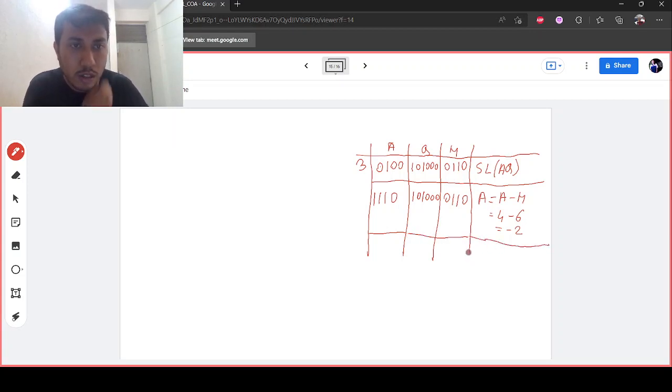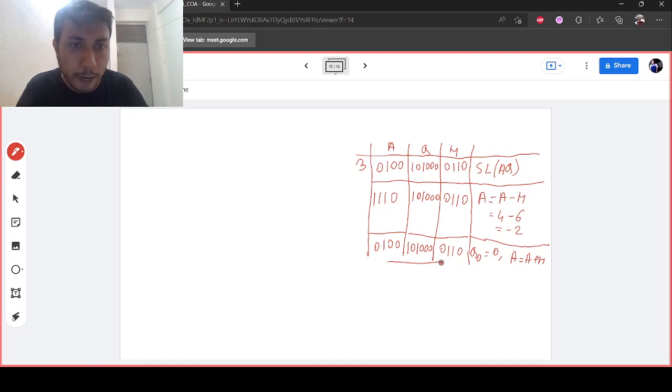Now again, what is Q0? 0. Since Q0 is 0, we will restore the part. A equals A plus M. So it will be 0 1 0 0, 1 0 1 0 0 0 1 1 0.